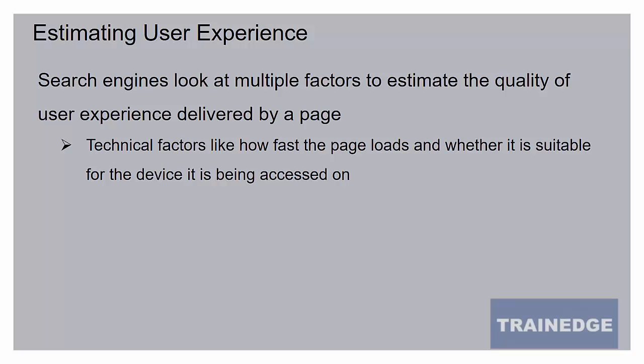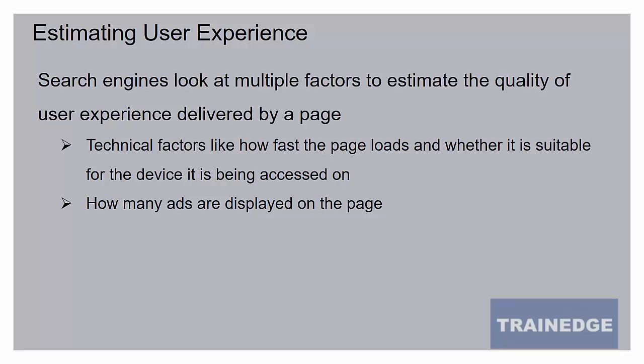Can the page be viewed on all different devices without killing user experience? Can the page adjust its layout so the page looks good irrespective of the device that it is being accessed on? That's a very important factor in ranking pages today.